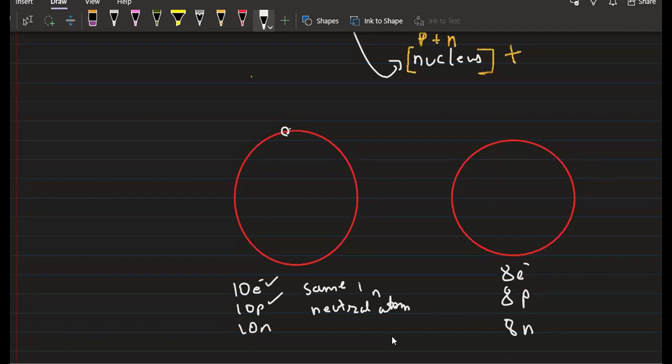Yes, very good. So if an atom has 10 electrons and 10 protons, it means 10 negative charges and 10 positive charges, so the total charge is zero. Got it? In this atom, we have 8 electrons.